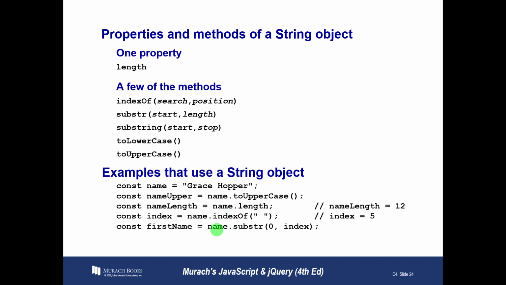And then I can also do name.substring, from 0 through the index in this case. Well, the index was this space I got right here. So what this is going to do is take Grace Hopper, and it's going to give me the items from 0 up until that space we found, and it's just going to pull out the name Grace. So we're using this substring to pull out the first name.